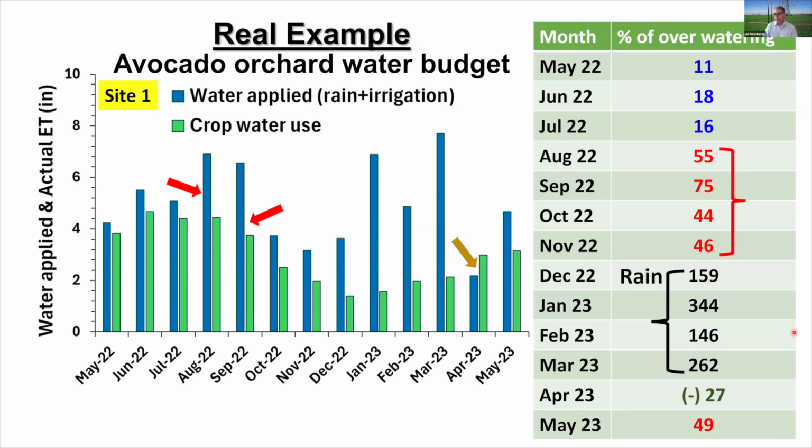It summarized these bars, the percentage of water applied. So we see from May 22 to July 22, the grower applied 11% to 18% more than crop needed.